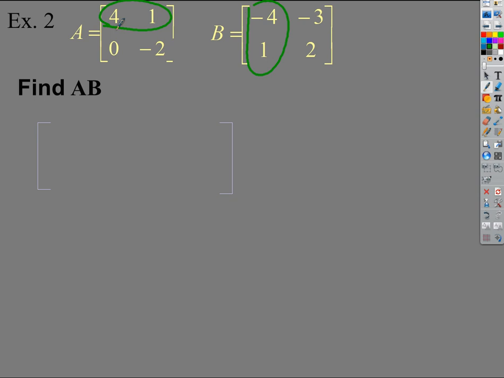So the 4 matches up with the negative 4, right? So we multiply 4 times negative 4 plus 1 times 1, right? It's a little strange. So it looks like that. Okay, we get the answer negative 16 plus 1.